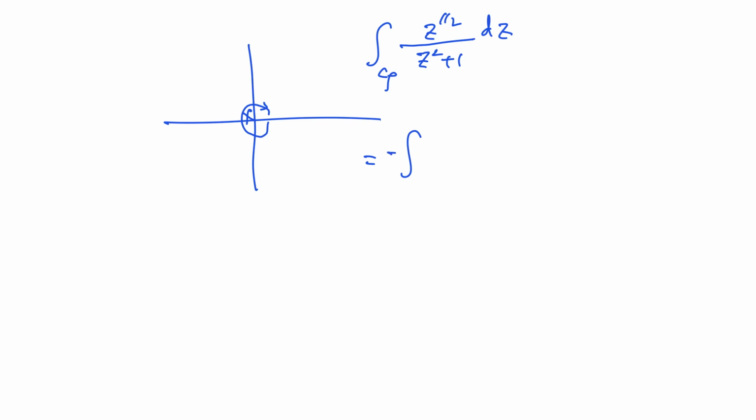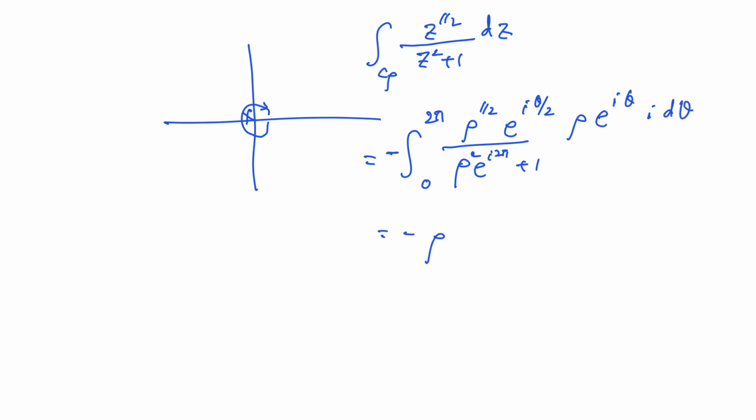Now this integral, this is rho. Minus 0 to 2 pi of rho squared e to the i 2 theta plus 1, rho to the half e to the i theta over 2, rho e to the i theta i d theta, right?